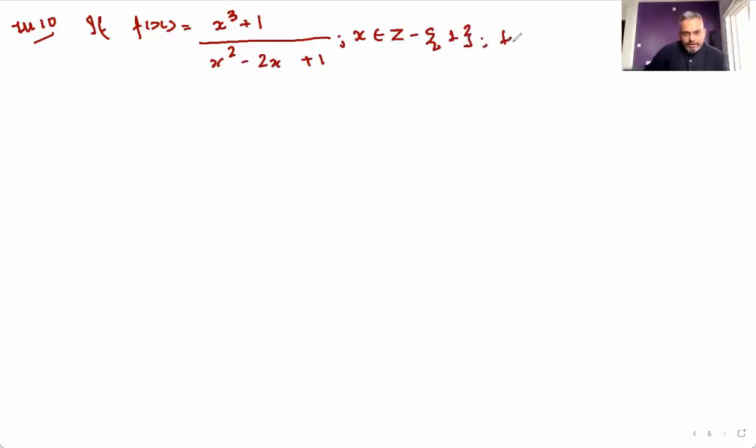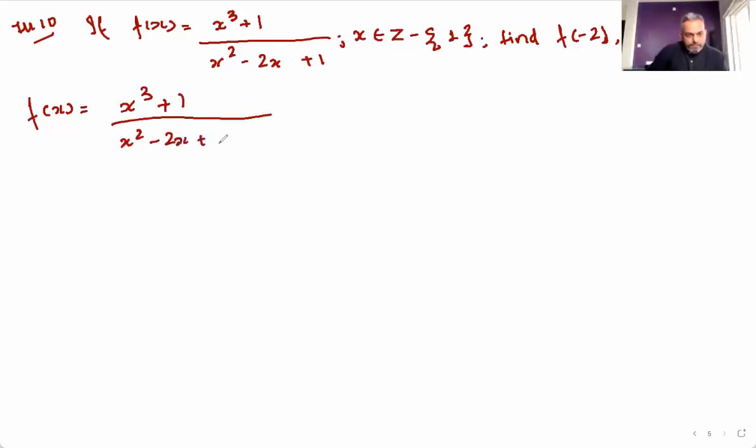So we have to find function f of minus 2, function f of minus 1 and function f of 0. So f of x is equal to x cube plus 1 upon x square minus 2x plus 1.